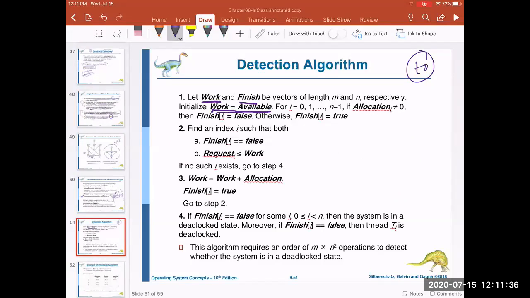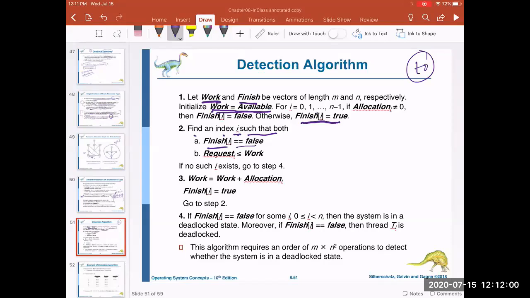Then we find an index i such that finish[i] is equal to false. If the allocation is not equal to 0, then finish is false. Otherwise, finish is true. So we set up these initial values, and then we run this.